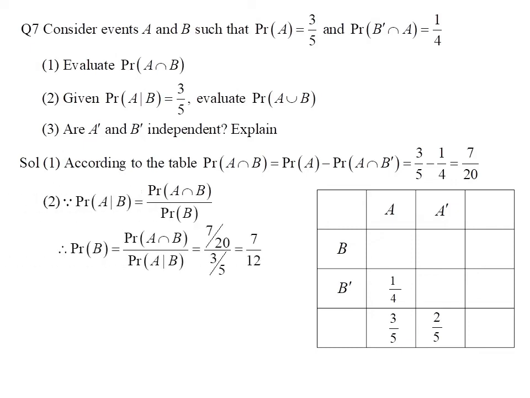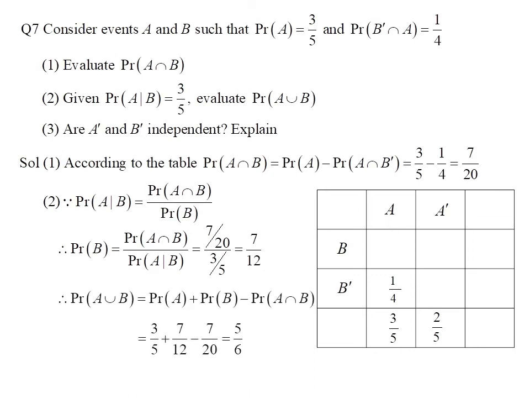As for question 2, the conditional probability of event A occurring when the event B has already occurred can also be used to calculate the probability of event B, which is 7 over 12.